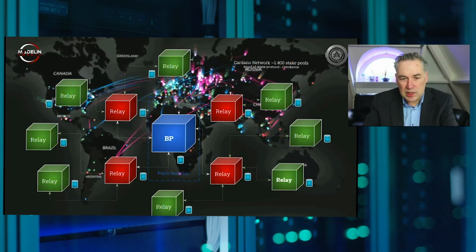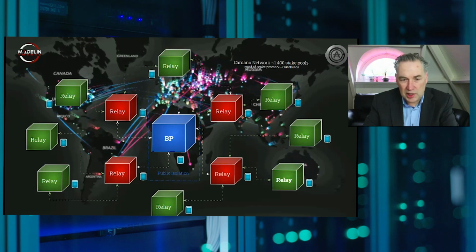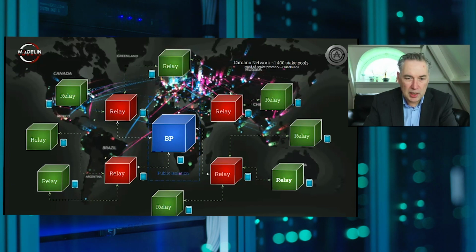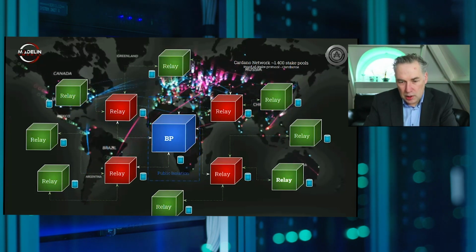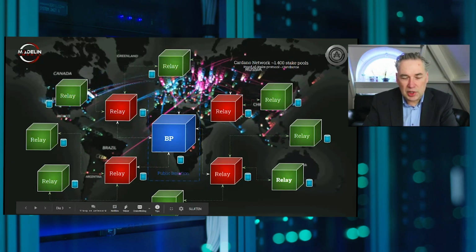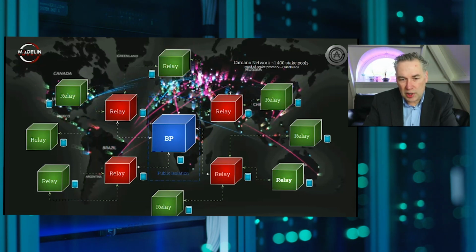The relay nodes are basically protecting the block producer from the outside world, so the block producer is never exposed to the public. As you can see over here in green, there are several relay nodes, and those relay nodes forward the blocks to other relay nodes.